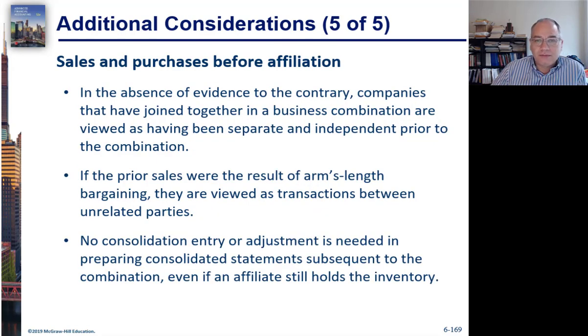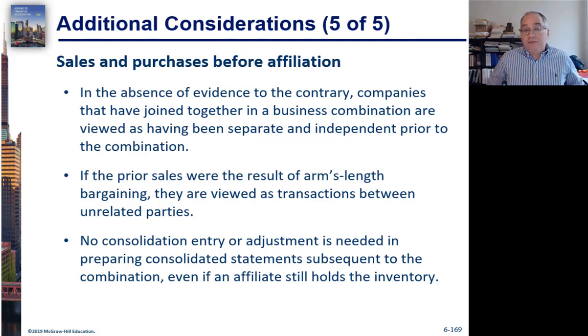In general, we would assume that transactions before the merger are separate and independent, and transactions after the merger or acquisition would need to be eliminated. The real test is whether or not there was arm's length bargaining.